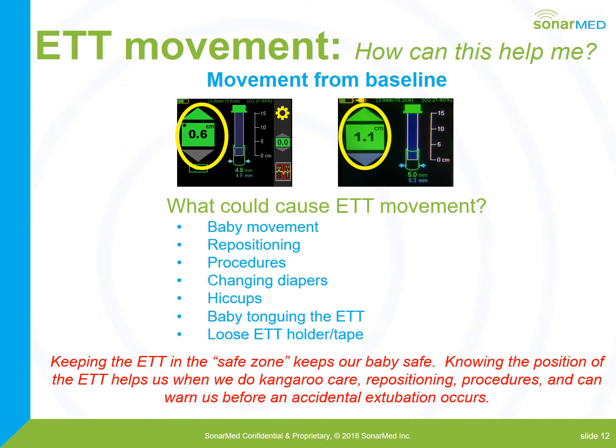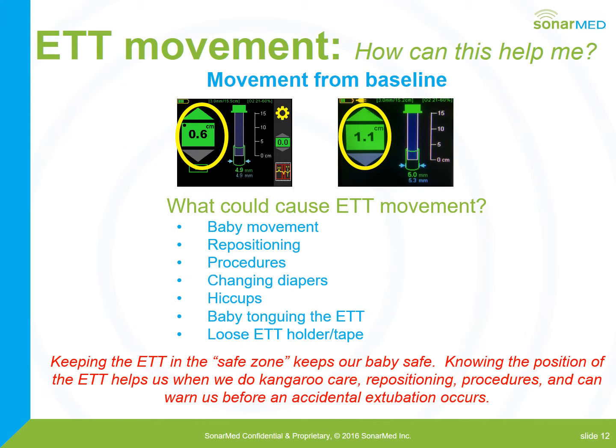So keeping that endotracheal tube in what we're calling the safe zone, and in Module 2 we talked a lot about the safe zone, is going to help keep the baby safe and keep the tube in the right place. If you think about the times when movement becomes really dangerous, I think of kangaroo care, any repositioning, any procedures, all of that.